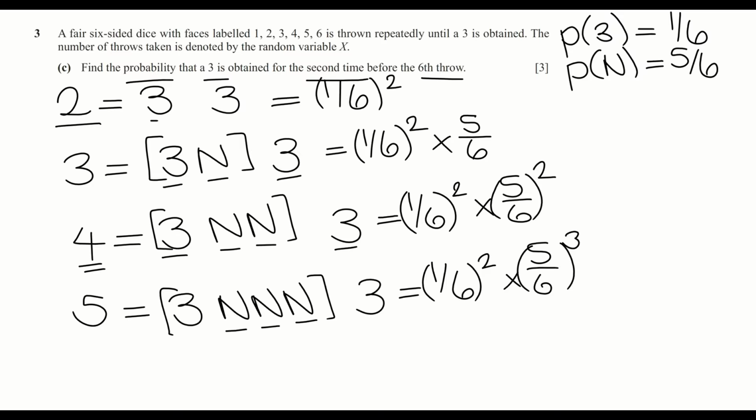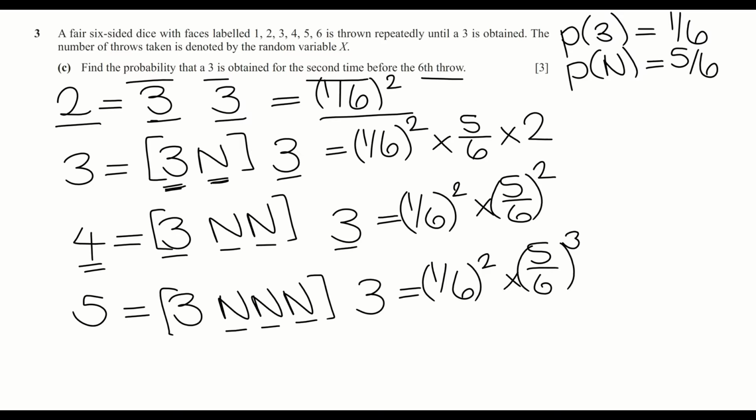In 2 throws, we can only get 3 and 3. We can leave this as it is. But in 3 throws, we can get 3 first and then a value that's not 3, or we can get the value that's not 3 first and 3 second. There are 2 ways that we could see this. So we need to multiply this by 2.